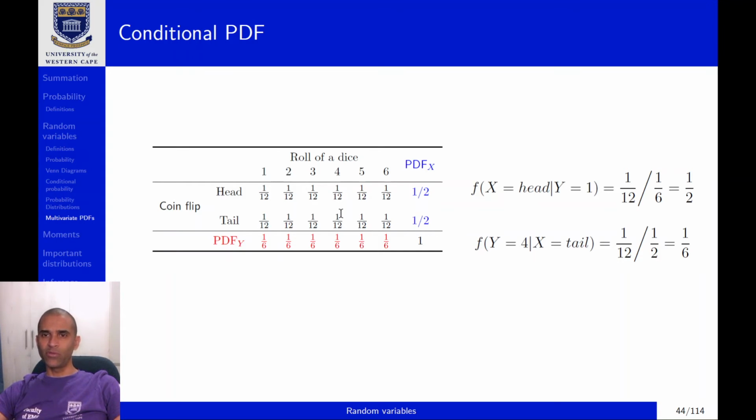So we can just read that off the table over here. This is where y equals 1 and x equals head, given by 1 over 12. So we write that as the numerator, and we divide that by the marginal probability that y equals 1. So in this instance, we no longer look at the joint distribution, we have to look at the marginal distribution for y, and that's 1 over 6. Taking that ratio, we end up with a half.